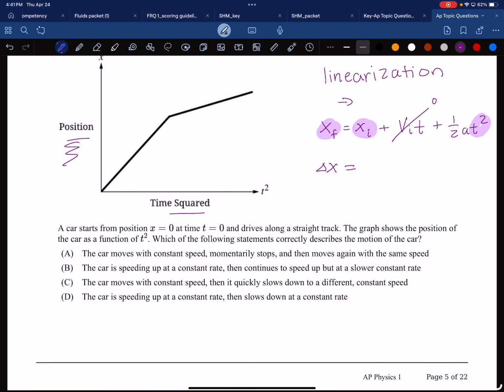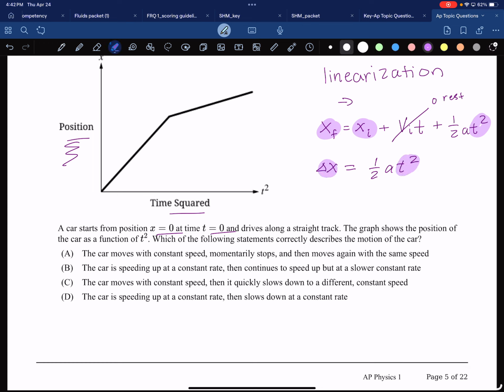The reason why you would get rid of this is because it starts from rest, but it doesn't say anything about that. But let's assume in this case that the car is starting from rest. So we have 1/2 acceleration times time squared, and that is how I'm going to linearize my graph.